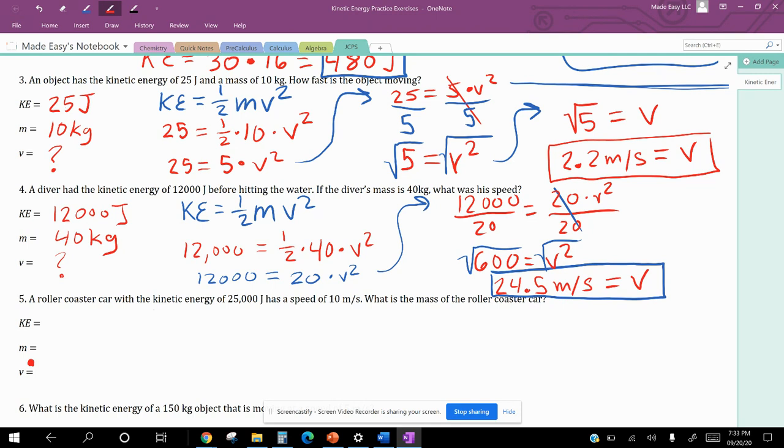What is the mass of the roller coaster? So, since it's asking what is the mass of the roller coaster, let's go ahead and put question mark for the mass. They tell us that the kinetic energy is 25,000 joules.